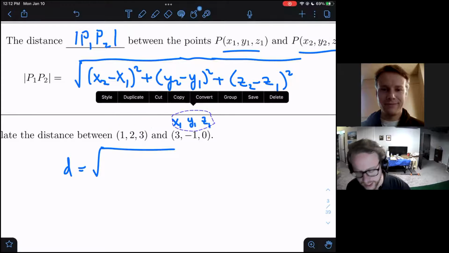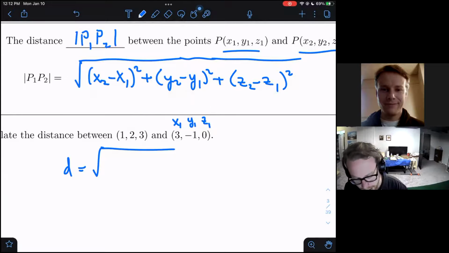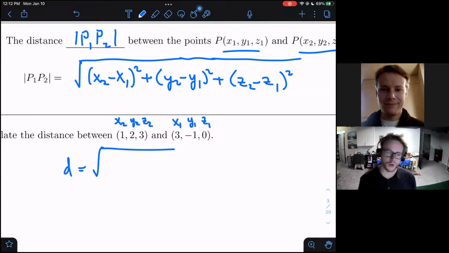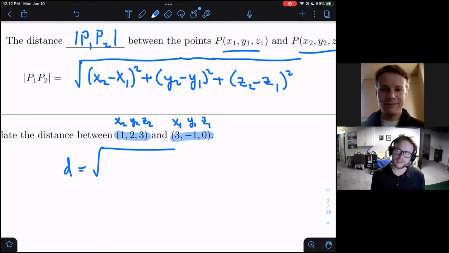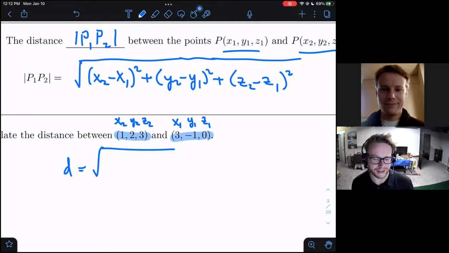Let's suppose that I'm going to do this instead, and I'm going to make these my x2, y2, z2 points here. Let's just verify that the order doesn't matter. If I say to calculate the distance between 1, 2, 3 and 3, -1, 0, versus if I say calculate the distance between 3, -1, 0 and 1, 2, 3, the order in which I say those things shouldn't matter. But let's go ahead and verify, given this formula right here, that they indeed do not.